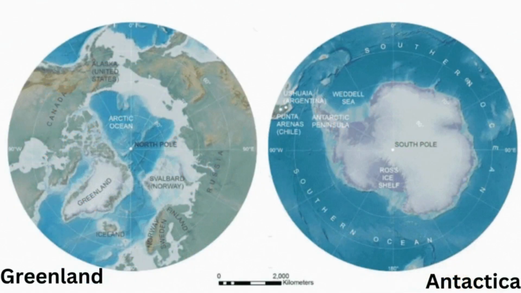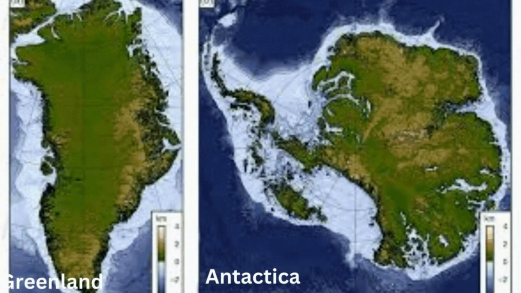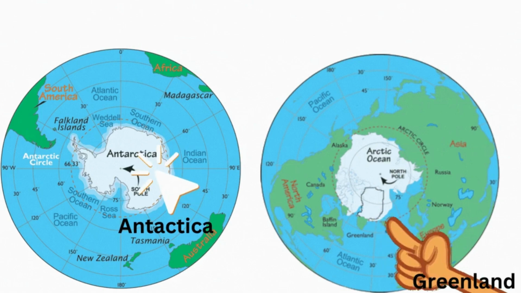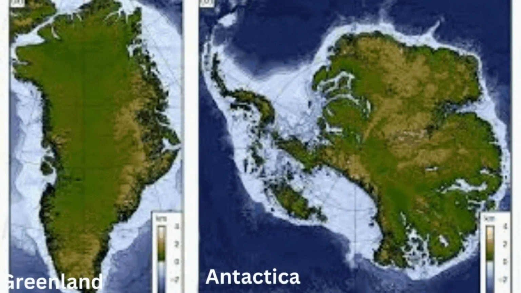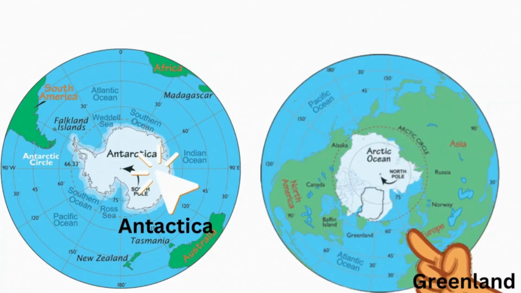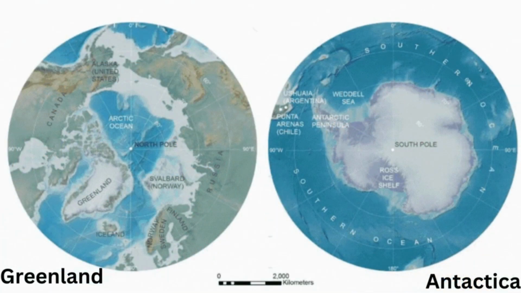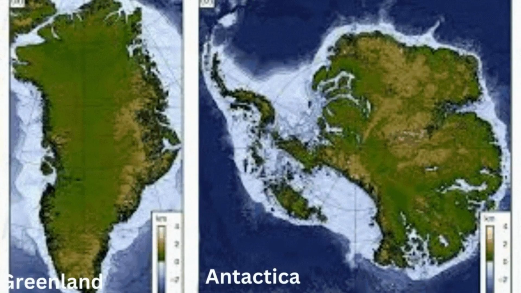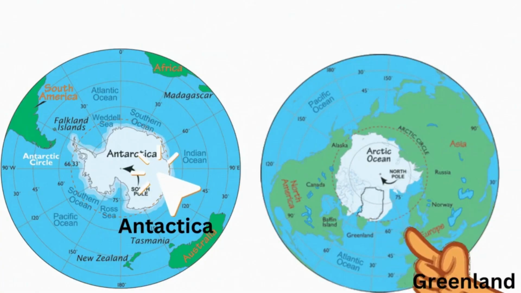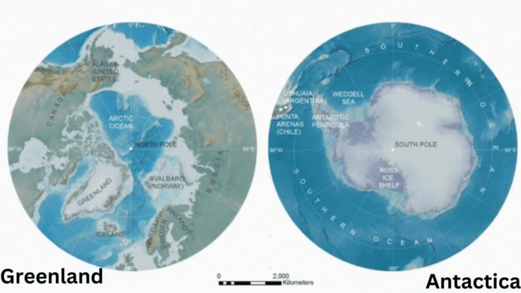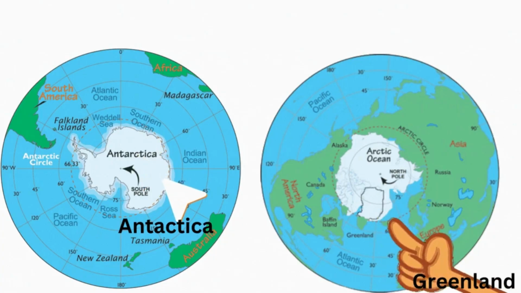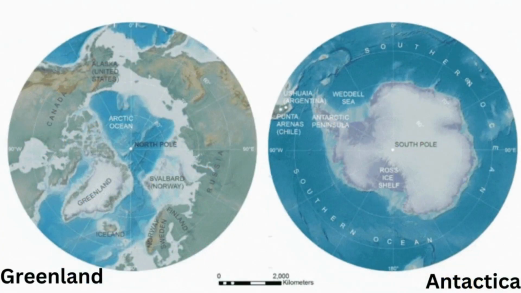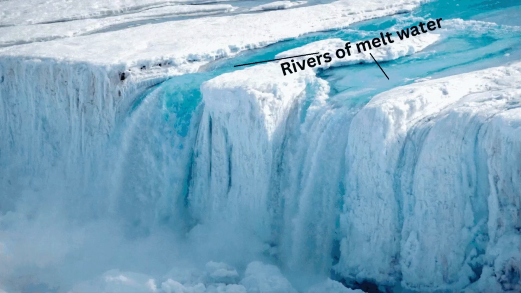Greenland is the world's largest island, located between the Arctic and Atlantic Oceans. About 80% of the island is covered in ice. Let me repeat, the Greenland and Antarctic ice sheets play a very important role in the global climate system.